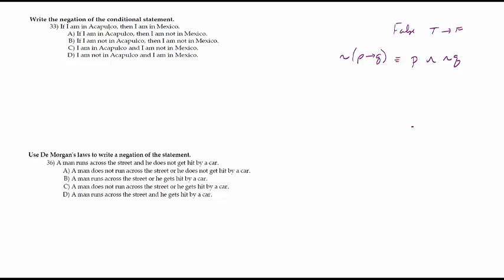So when I come over here and I have the statement, if I am in Acapulco, then I am in Mexico, I'm going to let A and M represent those statements.